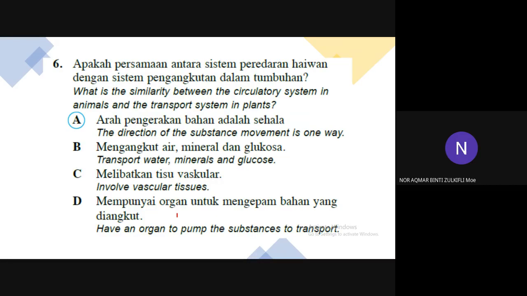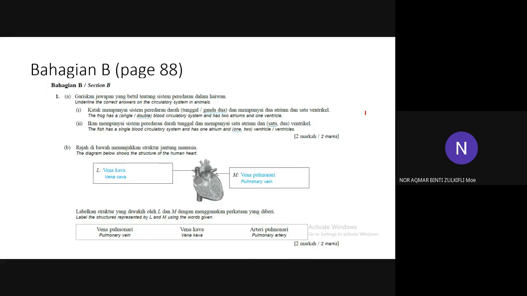Number 6. What is the similarity between the circulatory system in animals and the transport system in plants? The direction of the substance movement is one way. True. Next, Bahagian B, section B. Underline the correct answers on the circulatory systems in animals.